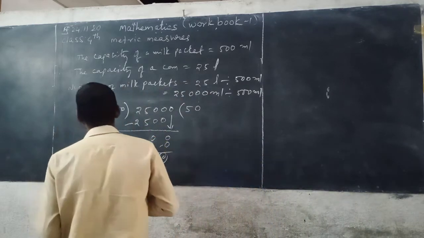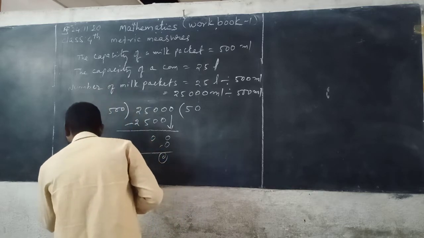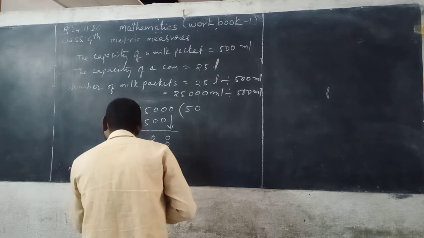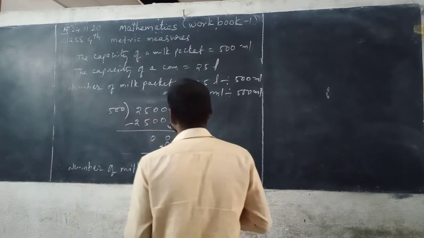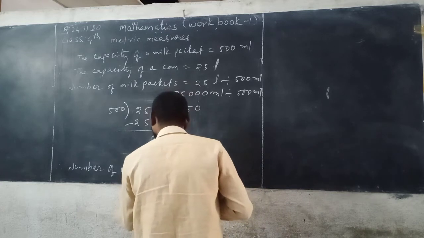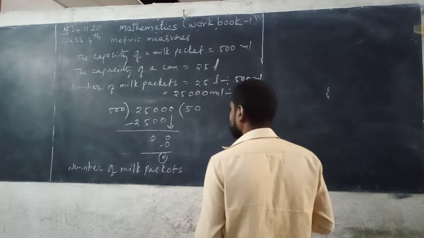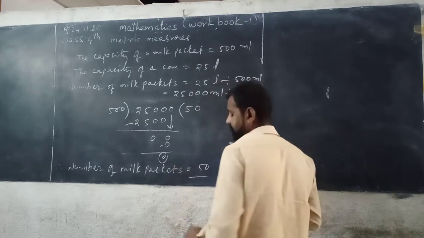Therefore, number of milk packets is equal to 50.